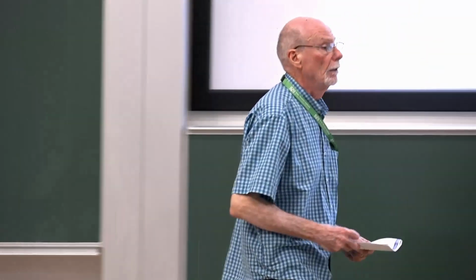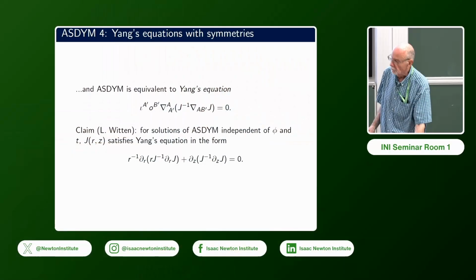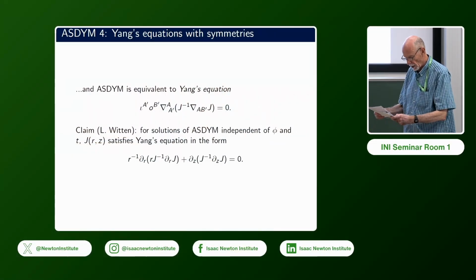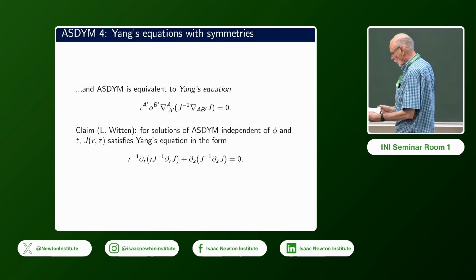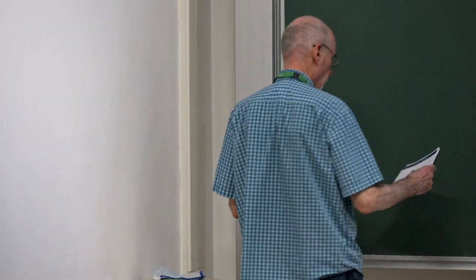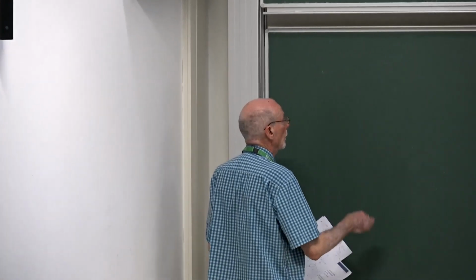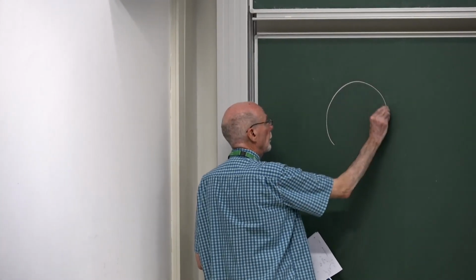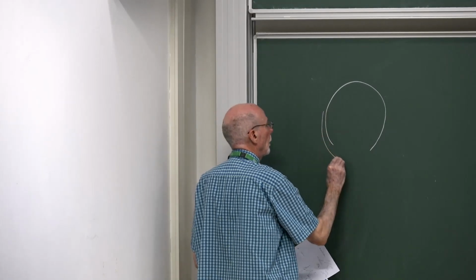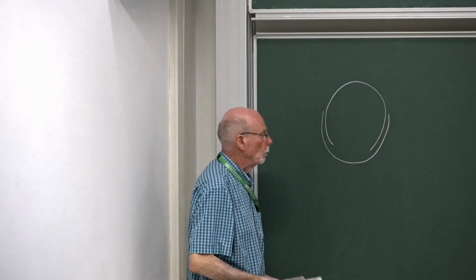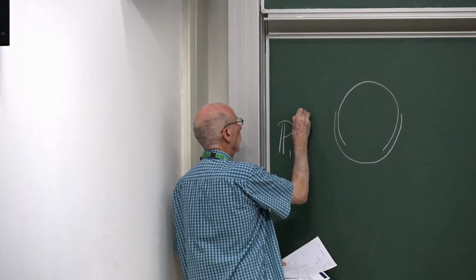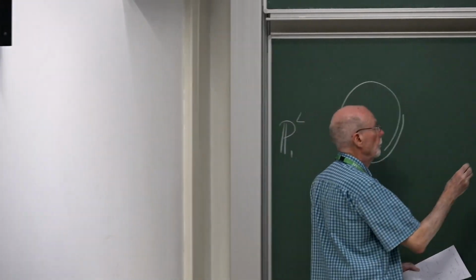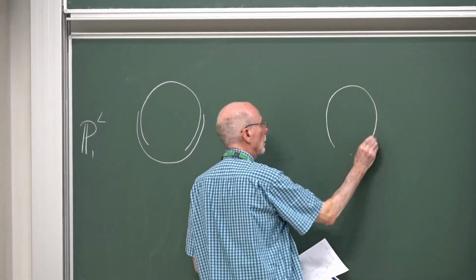Let me just get my diagram. Well, you're looking for a 1-dimensional complex manifold, and what Woodhouse and Mason tell you is that you can make it out of two copies of CP1, two copies of a complex projective space. So this is going to be a rather crude drawing. That's going to be a CP1, so let's call it P1 on the left, and this is meant to be another CP1.